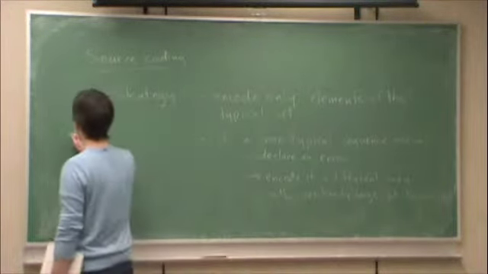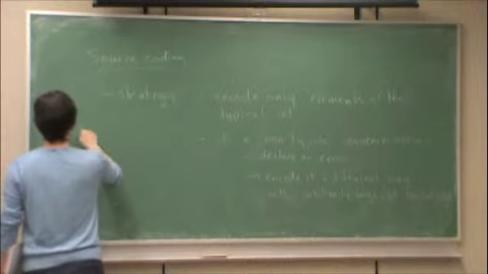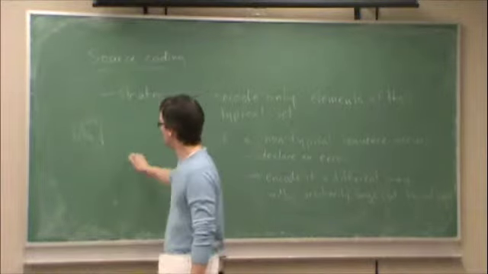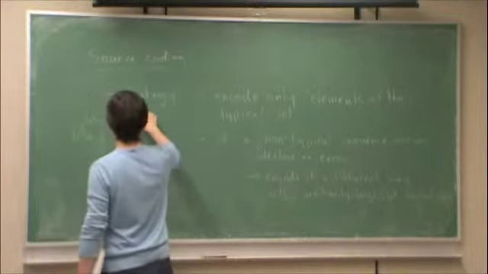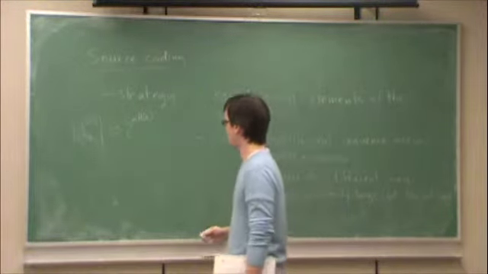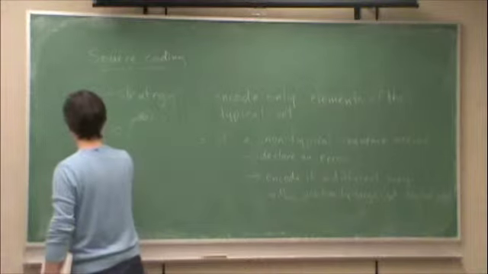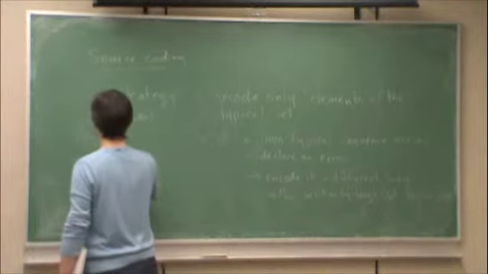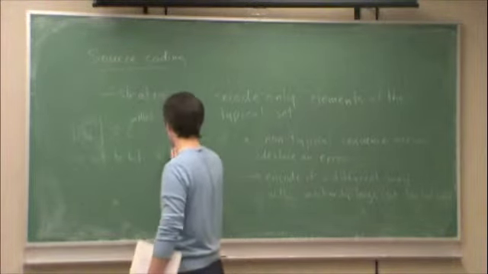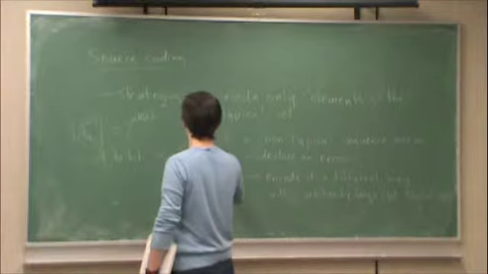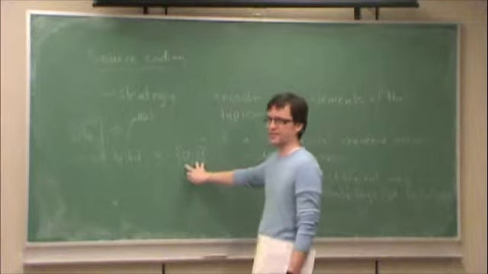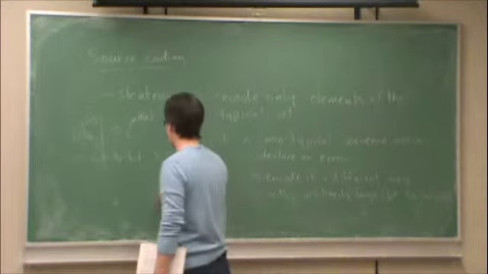So if I only encode in the typical set, the cardinality of the typical set is approximately equal to 2 to the nH(X). In particular, let's think of bit-to-bit mappings. So in other words, the random variable X can take two values, 0 and 1, and I'm mapping it.